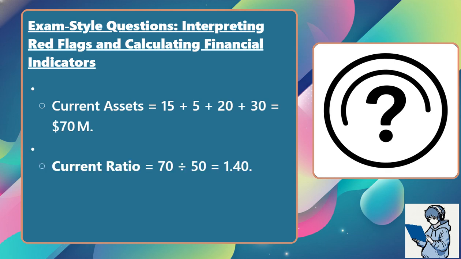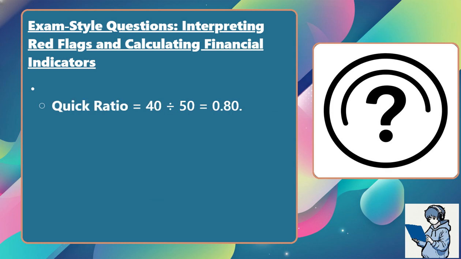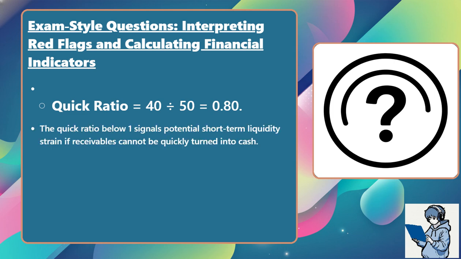Current ratio equals 70 divided by 50 equals 1.40. Quick assets equals 15 plus 5 plus 20 equals $40 million. Quick ratio equals 40 divided by 50 equals 0.80. The quick ratio below 1 signals potential short-term liquidity strain if receivables cannot be quickly turned into cash.